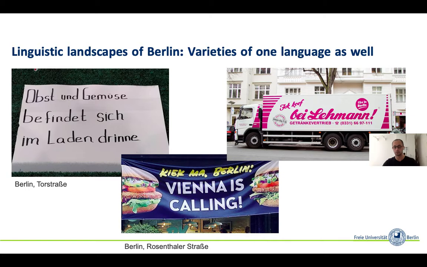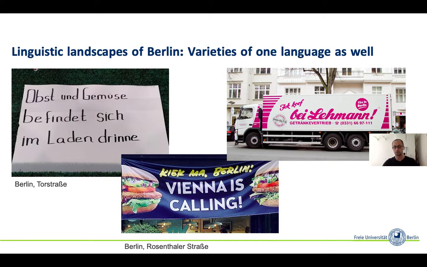Another thing, up until now, I've been talking about different languages when it comes to linguistic landscapes, but this doesn't necessarily have to be the case. You can also have different varieties of one language that can also be combined, right?